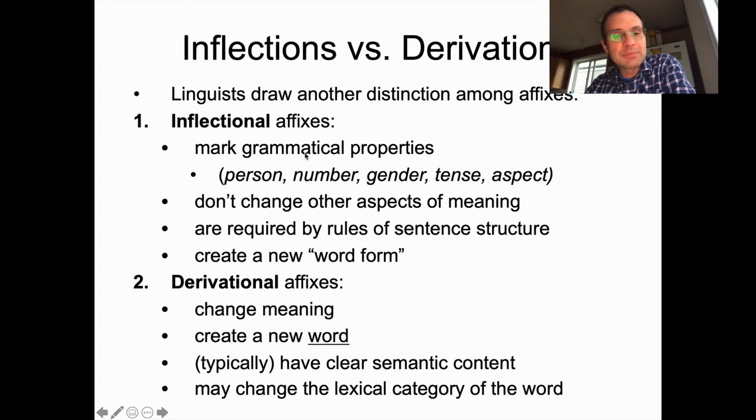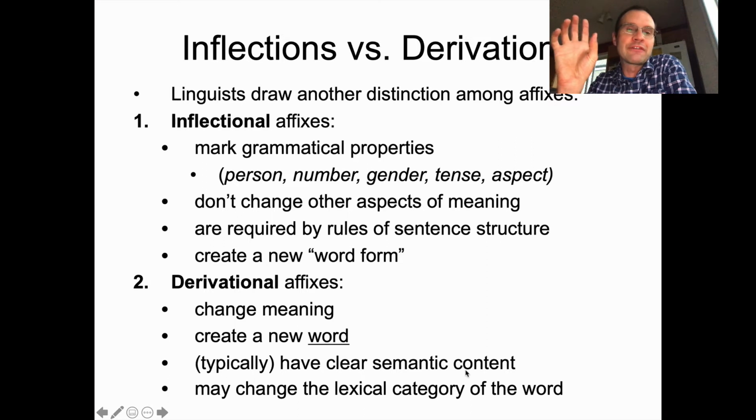And you can contrast basically all these properties of inflectional affixes with the corresponding properties of derivational affixes. So a derivational affix will change the meaning of the word, and therefore it creates a new word with a different sound form and a different meaning too. And in a lot of cases, derivational affixes will have clear semantic content.